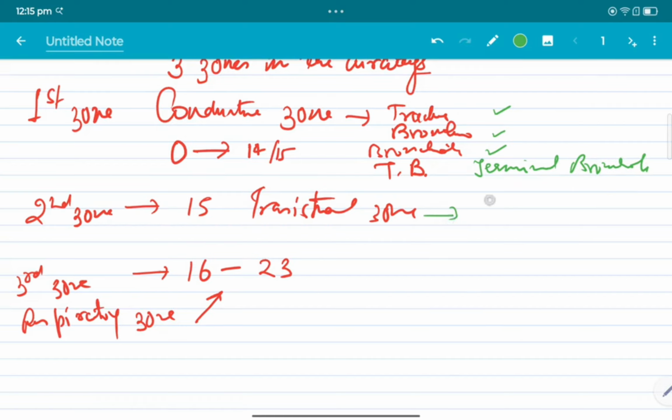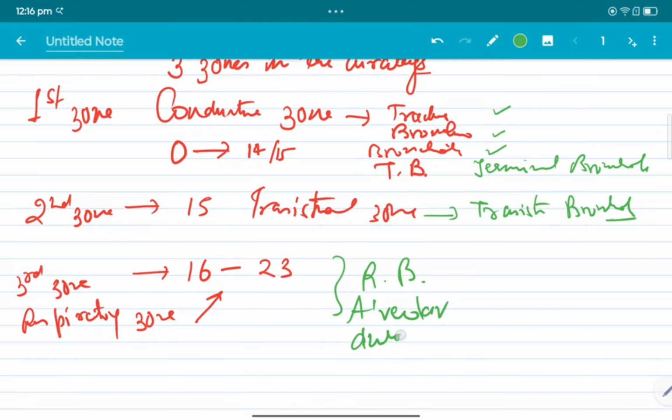In the transitional zone we have transitional bronchioles, and in the respiratory zone you have respiratory bronchioles, alveolar ducts and cells.